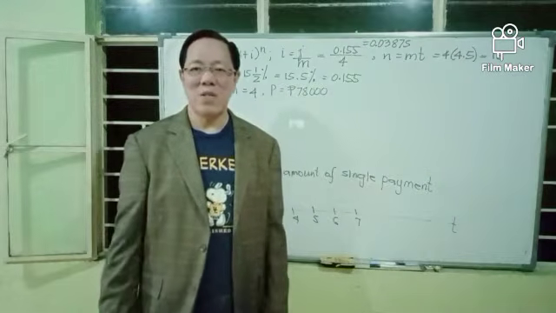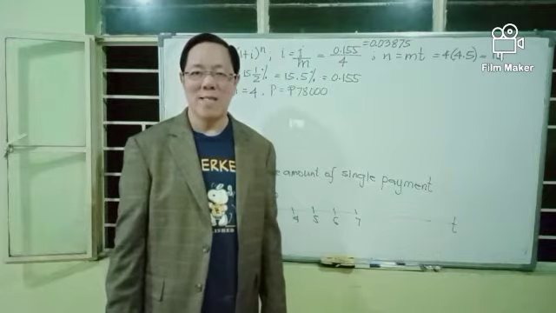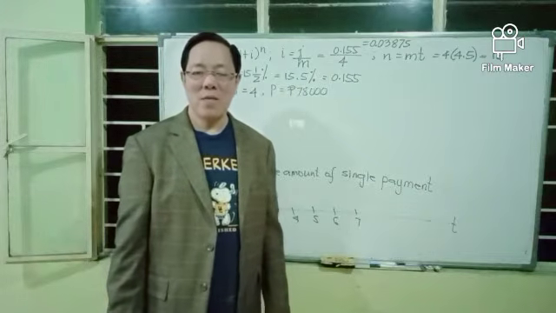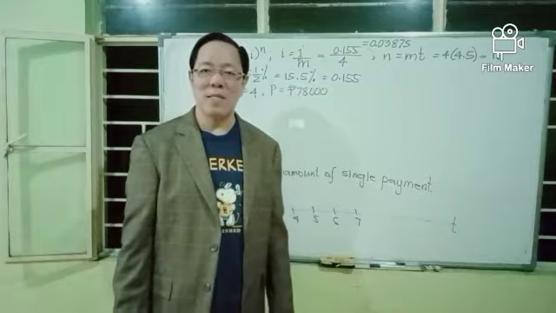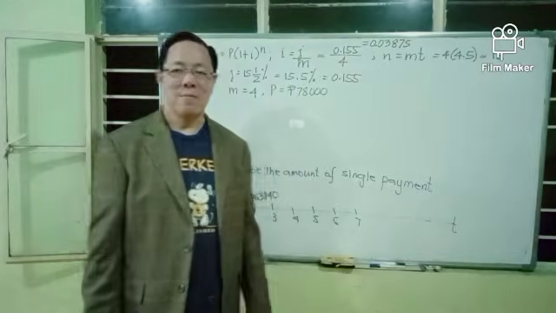Now compute the maturity value of the third obligation or the third loan worth 78,000 pesos due at the end of 4.5 years with interest at 15.5% compounded quarterly.